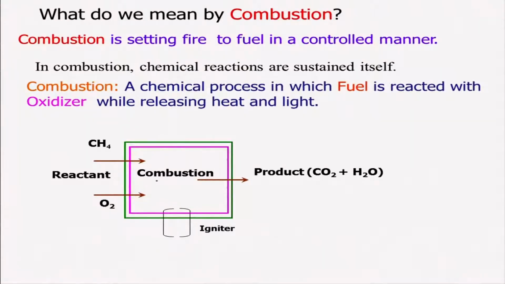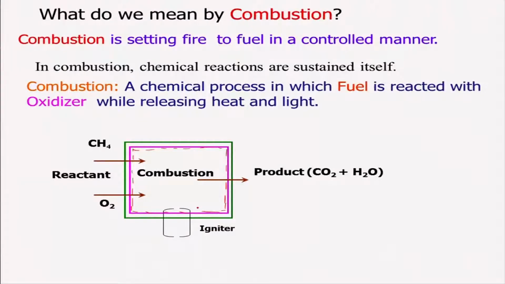They will react with each other, giving rise to products of carbon dioxide and water. You can take this as a system boundary, and then it has to be mixed properly. And is it like it will go directly to carbon dioxide and water?